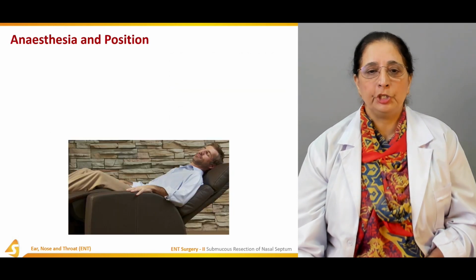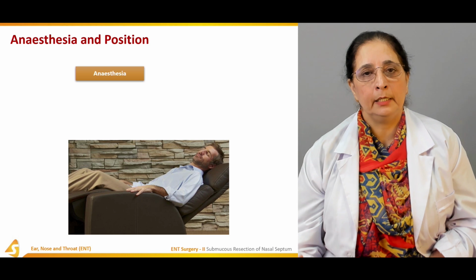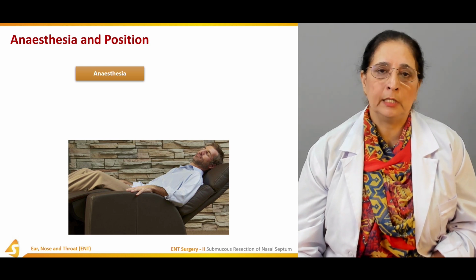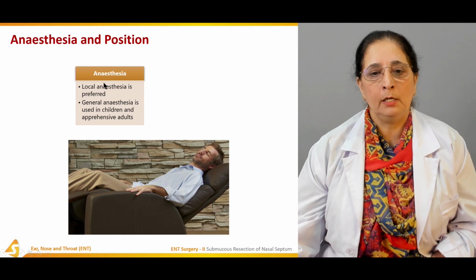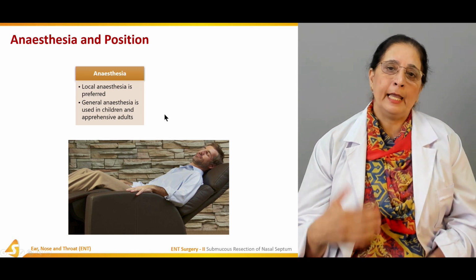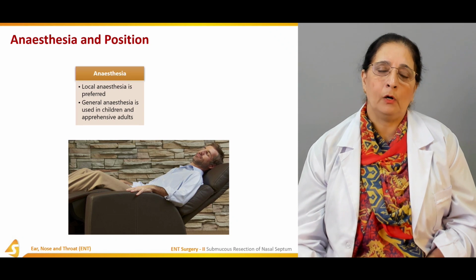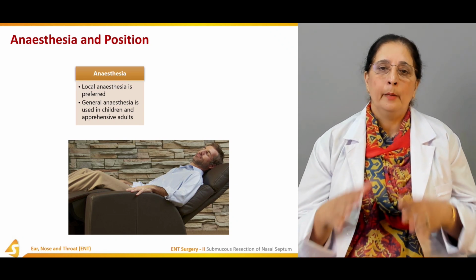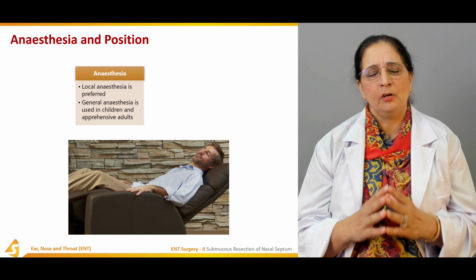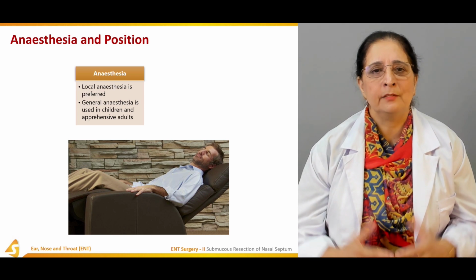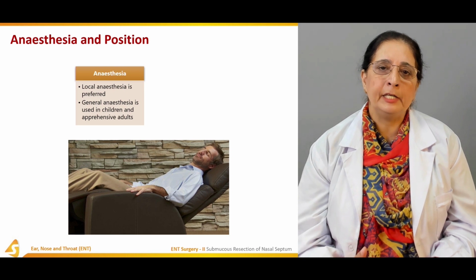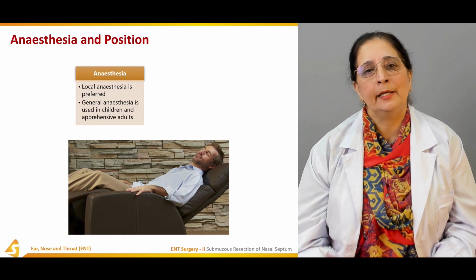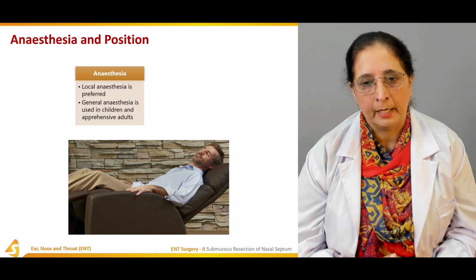Anesthesia and position of the SMR or submucosal resection. Anesthesia used can be local, which is preferred. We can use local or general anesthesia, but it's a simple procedure, not a complicated one. As with other procedures, we can use both, but local anesthesia is usually preferred.